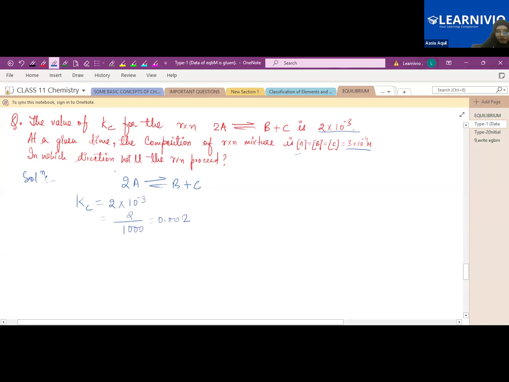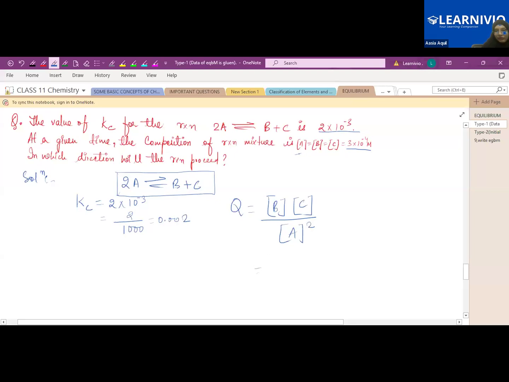The reaction quotient, Q. How will you write the Q expression? The concentration of B multiplied by the concentration of C upon the concentration of A raised to the power 2. That is the Q expression.